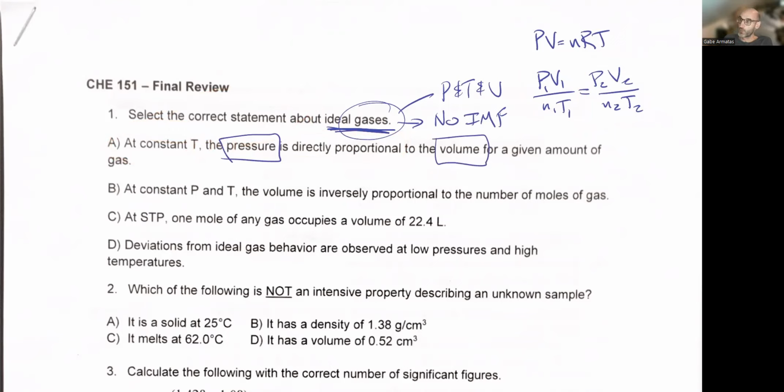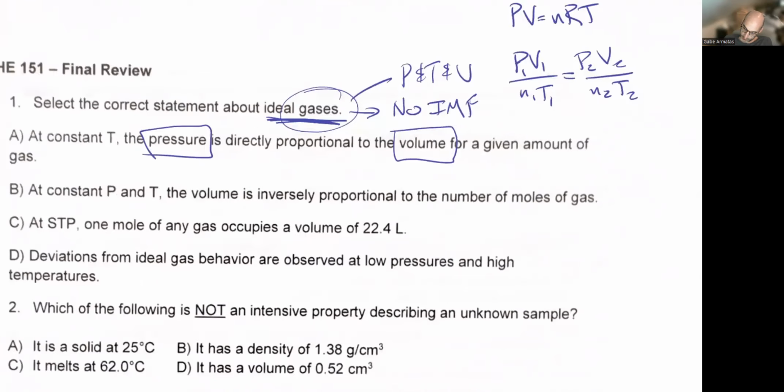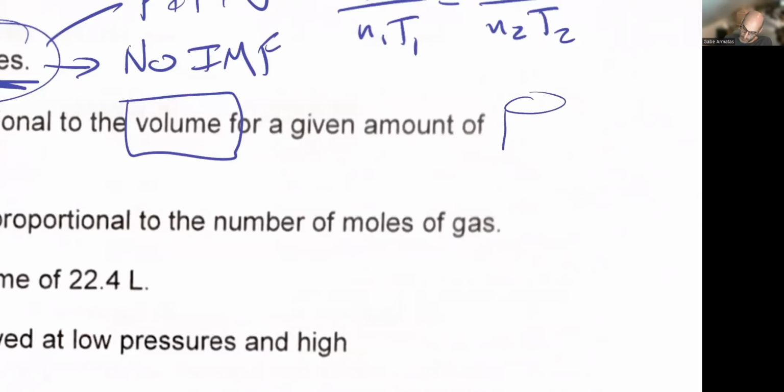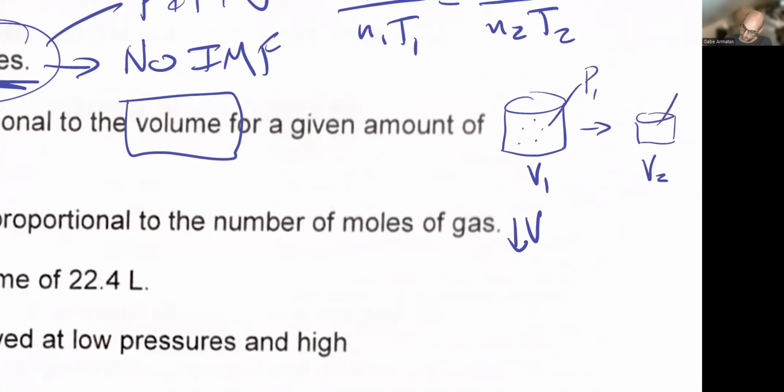If we take some large container with, let's say, 5 little molecules in it. This is volume 1, and we reduce its size. We reduce the volume, so volume 2. As volume goes down, what happens to the pressure inside? Same number of molecules.